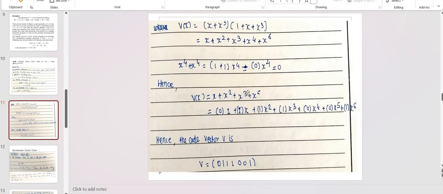X raised to 5 is also absent in the polynomial, so it becomes 0. Again x raised to 6 is available, so it becomes 1. So this is about the cyclic code. Students, you can evaluate the other codes also. You can consider x square, x cube multiplying by g(x), so you can evaluate the codes for all possible 16 combinations.